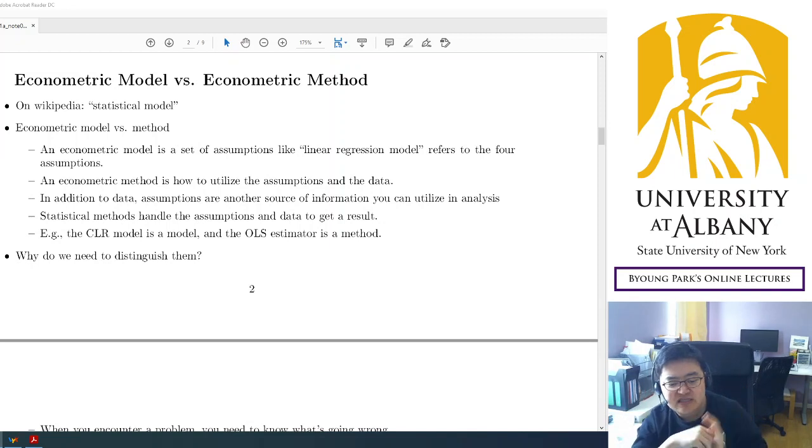The OLS estimator utilizes the assumptions and the data. The process of combining the assumptions and utilizing the data will be referred to as an econometric method in my course. It's my terminology. I believe the definition is intuitive enough.